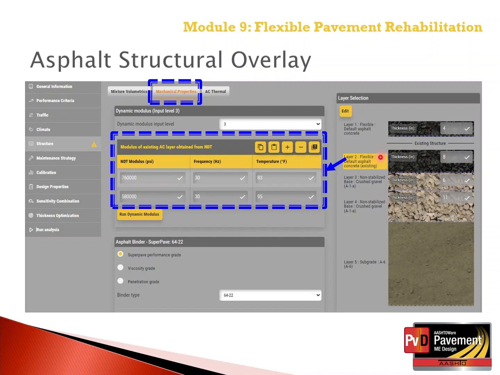And that value will be entered for both the existing overlay in this table, in addition to the table for the original construction of the asphalt layer. So they would be the same. If they're different, say we have a different back-calculated layer modulus value for either different original construction or base materials, then those will be entered separately for whatever is simulated in the pavement structure. And we'll give an example of that shortly.